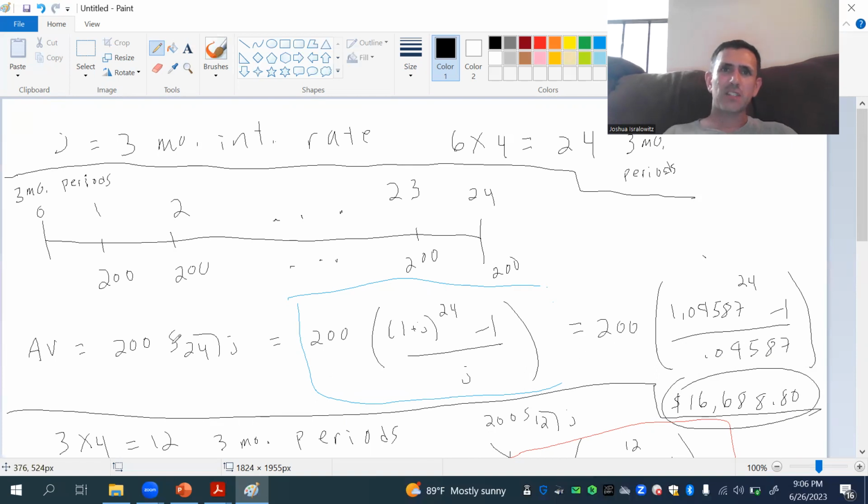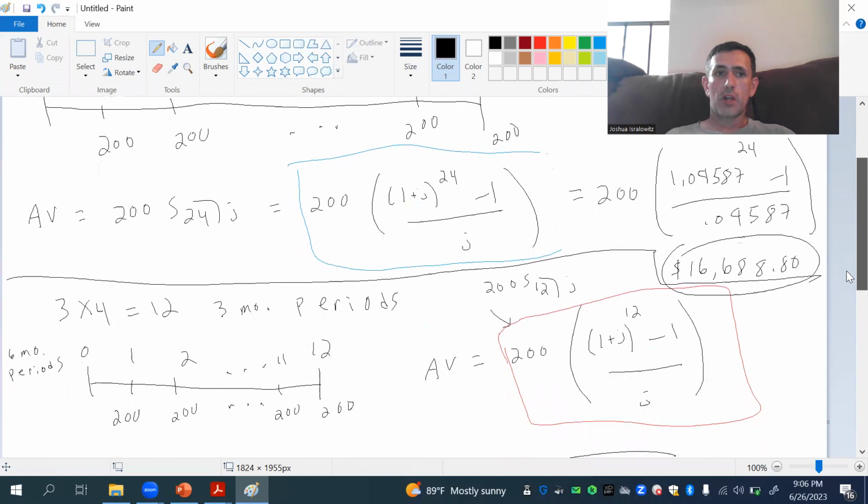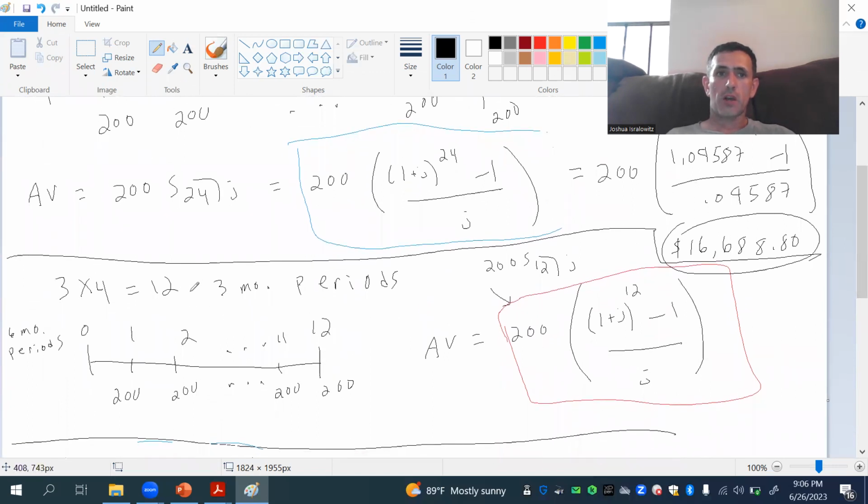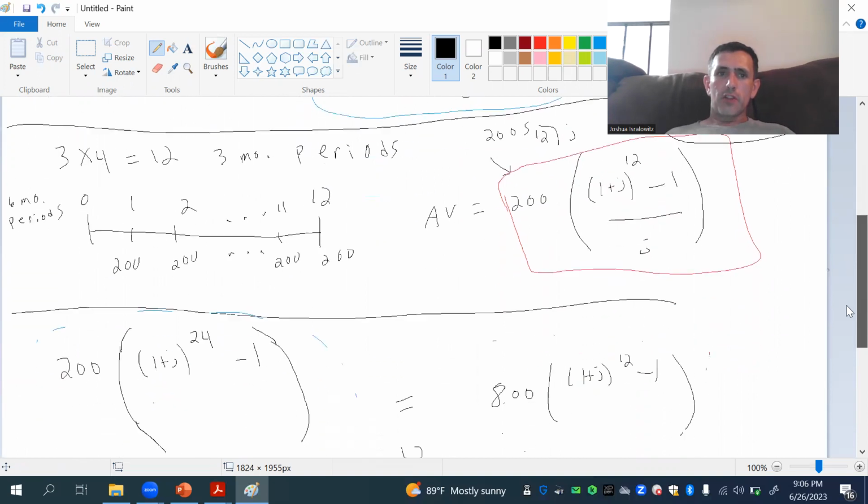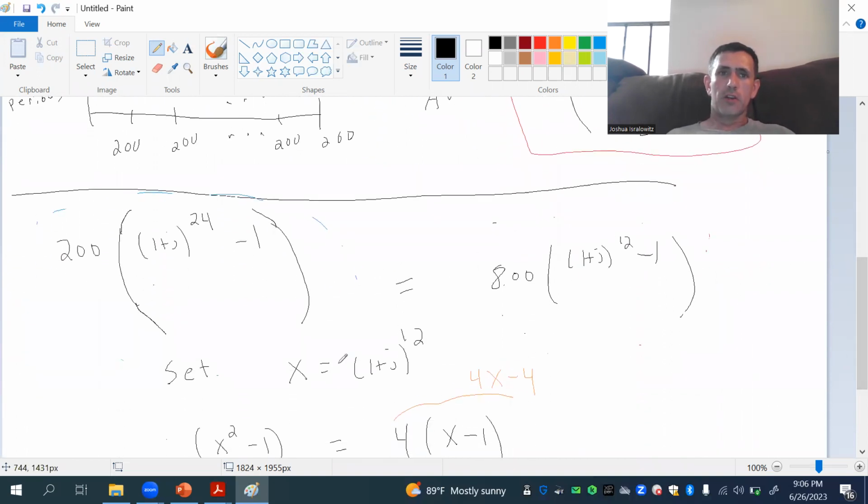Again, the problem is asking for the 6-year accumulated value, and that's this one right here. 6 years times 4 3-month periods to a year is 24 3-month periods for 6 years. The other one was the 12 years. So the trick is just get your accumulated value formulas. Remember, we had divide by j here.